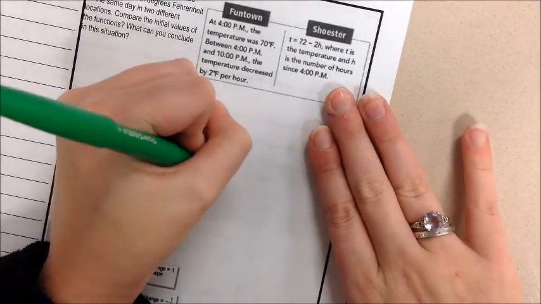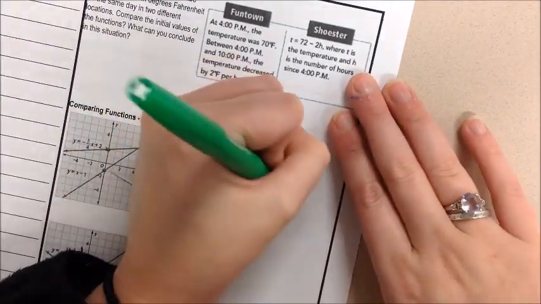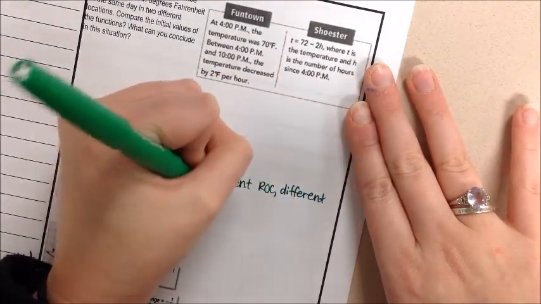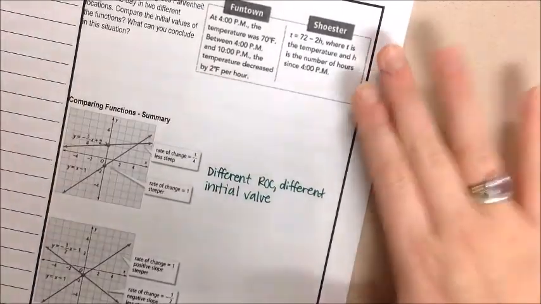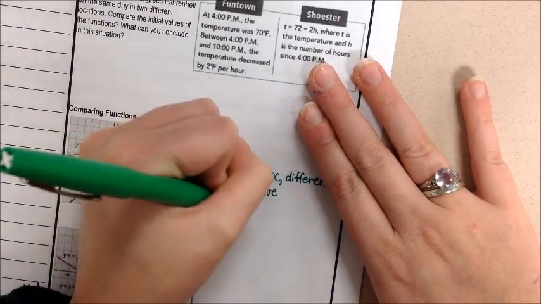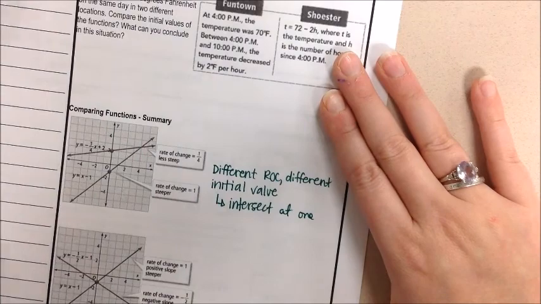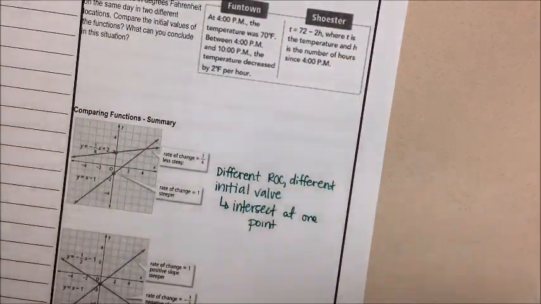So this is different rate of change, different initial value. They cross, they intersect at one point.